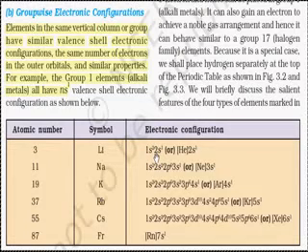Then the third electron will go to the second orbit, s orbital, so 2s1. Now you can write down the electronic configuration in this manner, or you can write down the inert element and then write down the valence shell electronic configuration, that is 2s1.